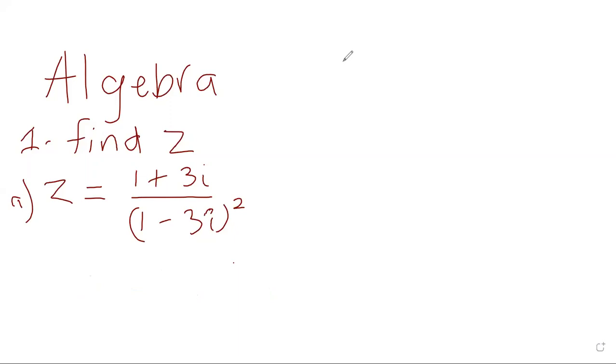In this question, we can see that the denominator is squared and the numerator is just a normal complex number. So first of all, let's deal with the denominator and then use the normal way of dividing complex numbers to solve. I hope you are clear with this. So let's start with the denominator.